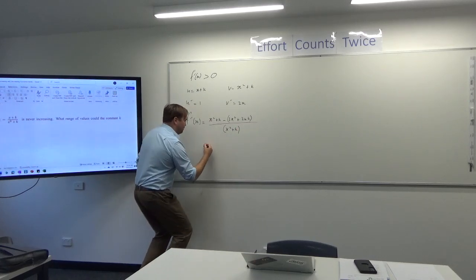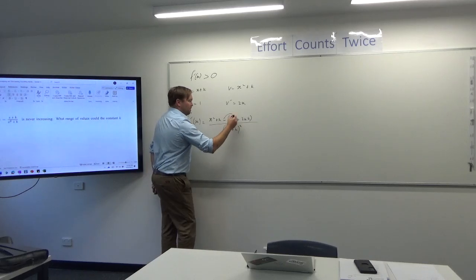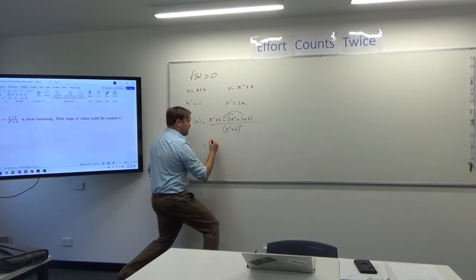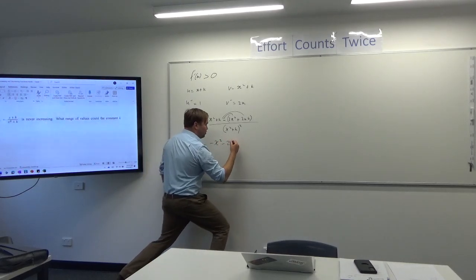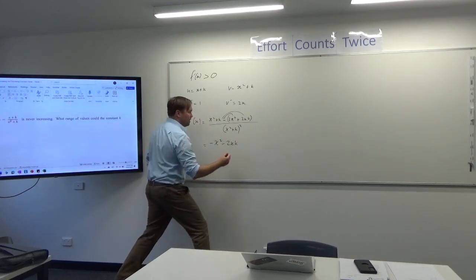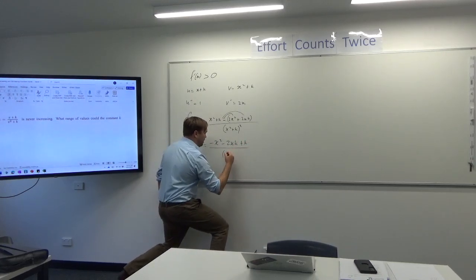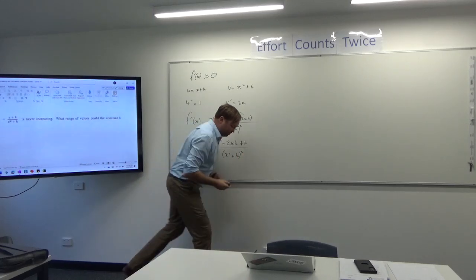If we were going to simplify that a step further, the negative jumps in everywhere, and what we're left with is minus x squared minus 2xk plus k over x squared plus k squared.